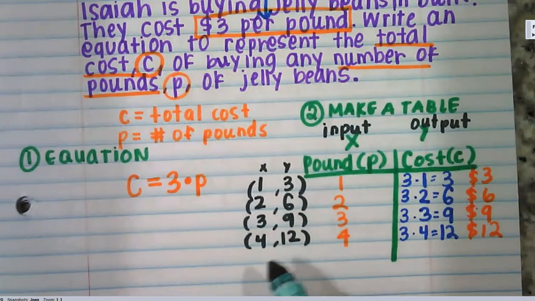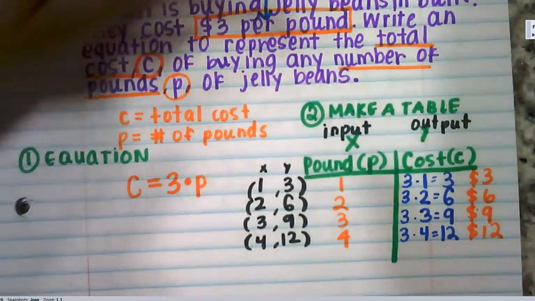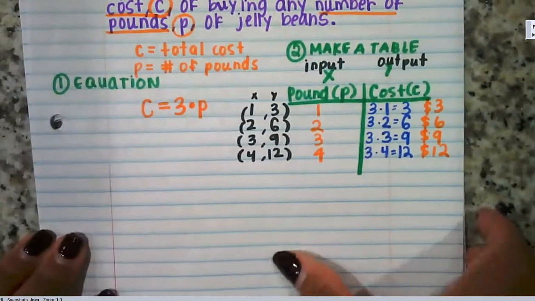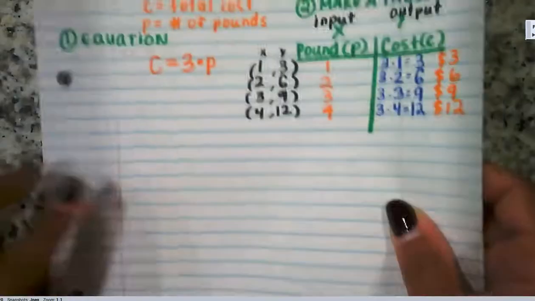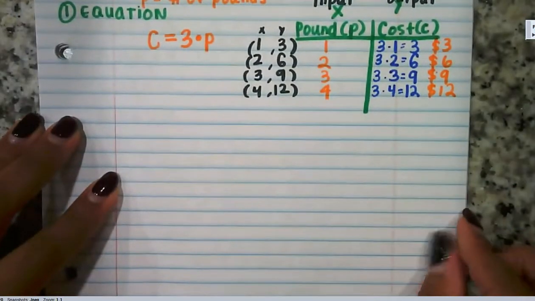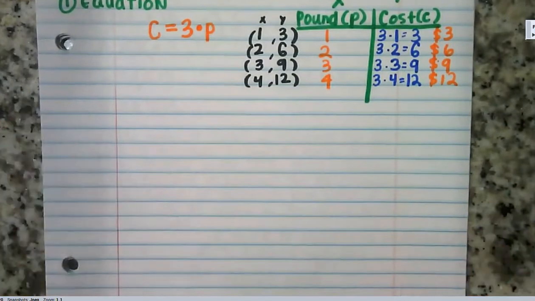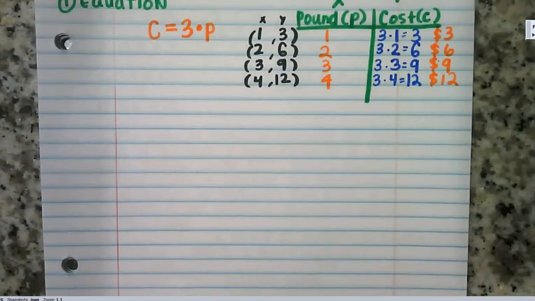Now we can go ahead and make our graph, so we'll make our coordinate grid so that we can graph it. So let's pull this back. Let's make some room. All right, so I'm going to make my grid.